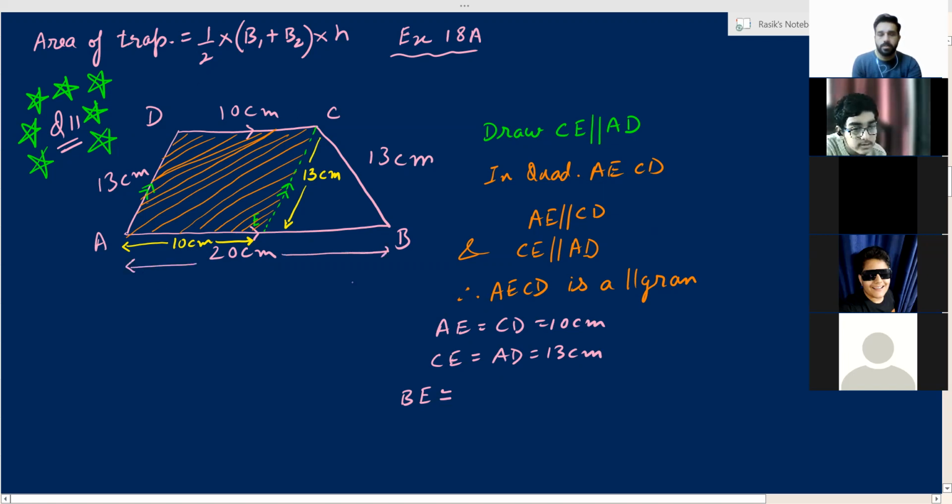AB minus AE. Absolutely right. AB minus AE. That means 20 minus 10. We get 10 centimeters again. BE is also 10 centimeters.